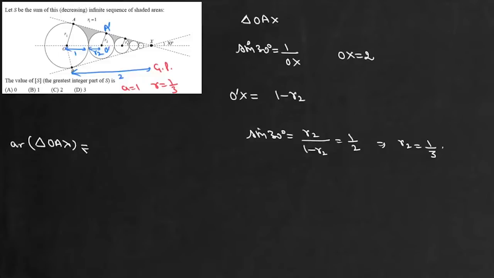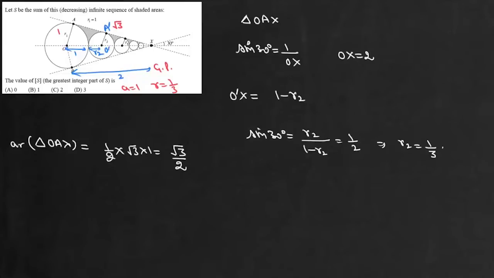Now this is 1 and this is 2, so this is root 3. So this area will be half base into altitude, and that will be root 3 by 2.